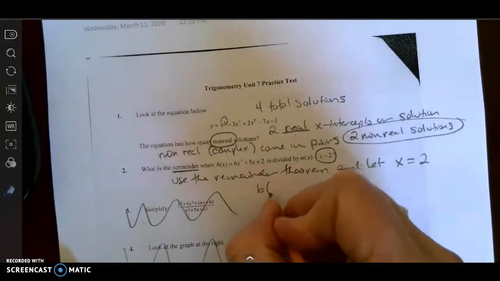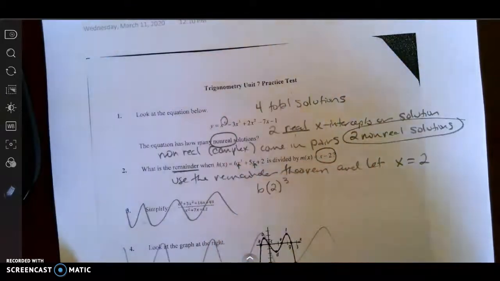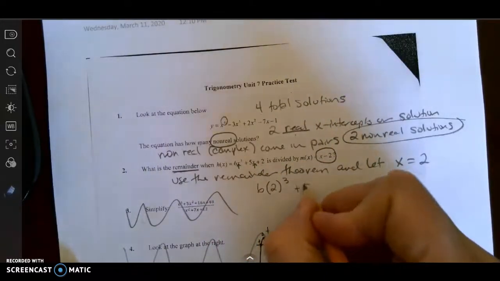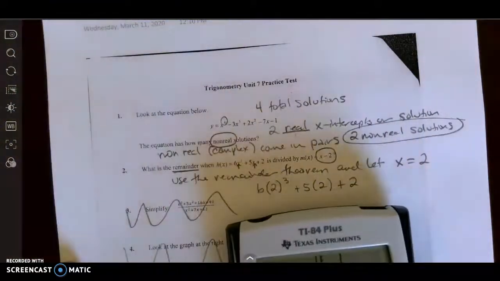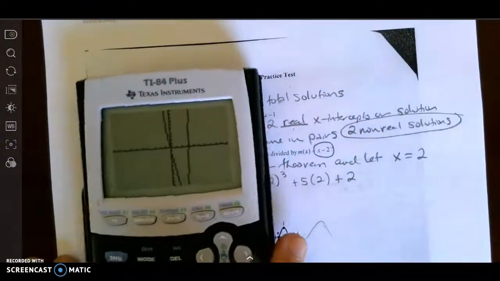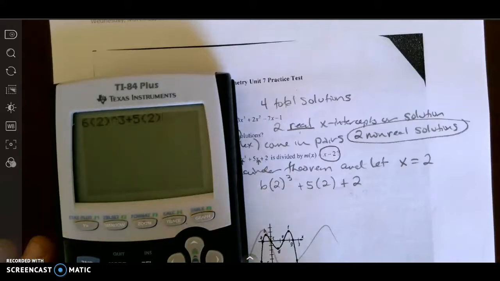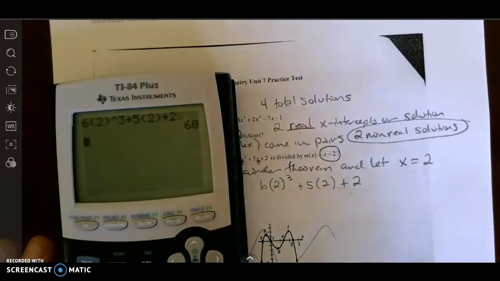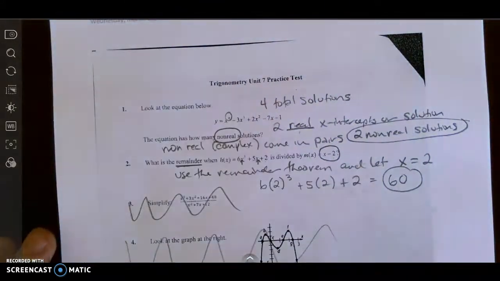So 6 times 2 cubed, just putting a 2 in wherever there was an x, plus 5 times 2 plus 2. Go to my calculator, right here. Six times 2 to the 3rd plus 5 times 2 plus 2. So my remainder is going to be 60.